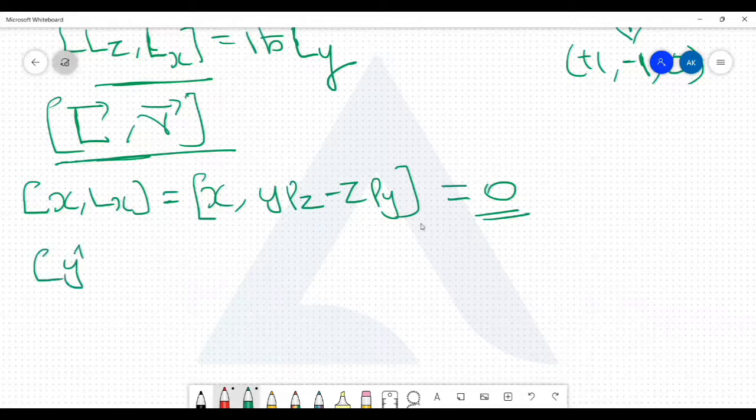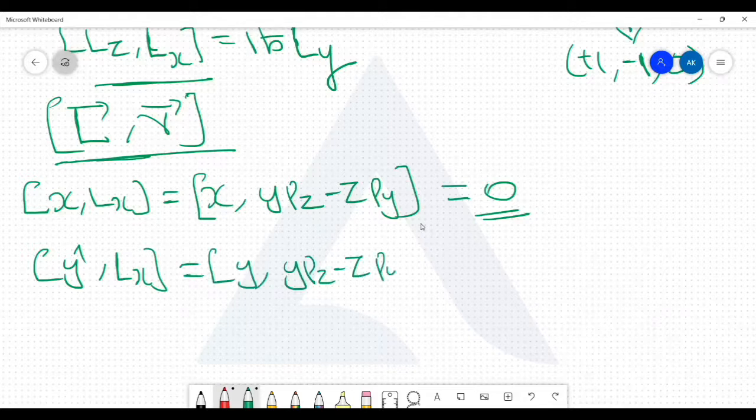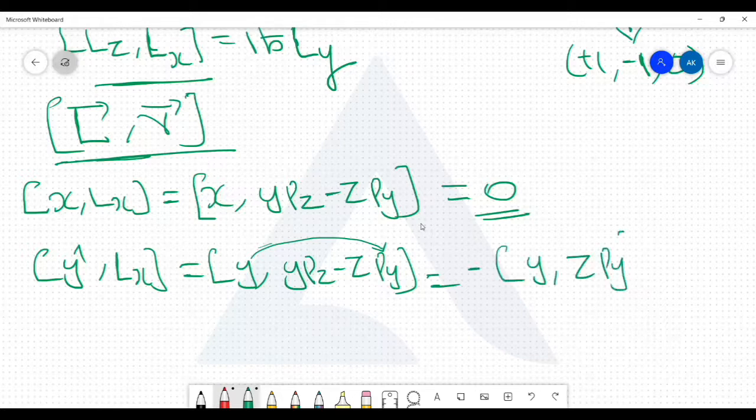What about y L_x? y L_x is y (y p_z minus z p_y). If you watch closely, you can see the y p_y term is there. That is minus y z p_y you have to consider.